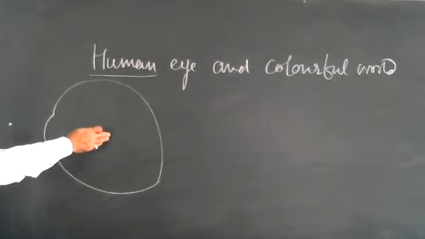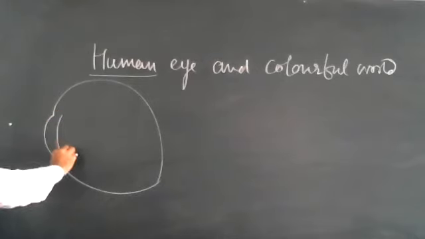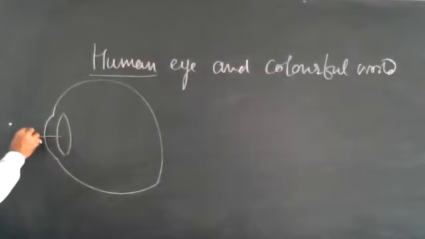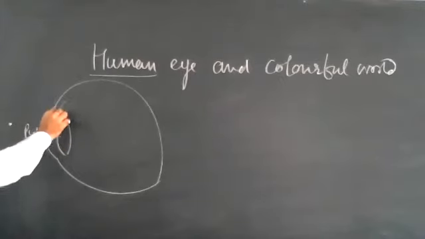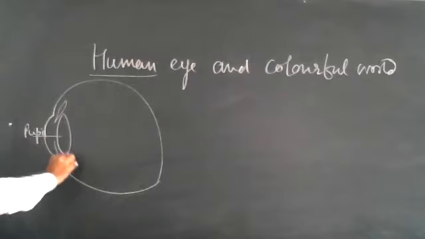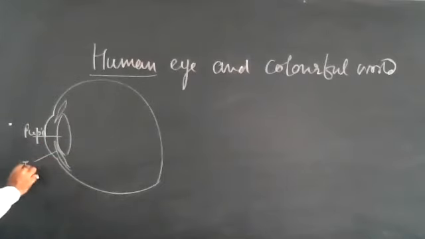We are going to start the introduction of the human eye. Here the center part is called the pupil, and just behind the pupil we have the iris. You can see it in your NCERT textbook.